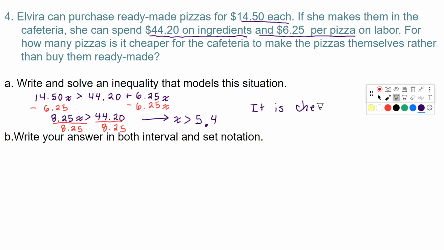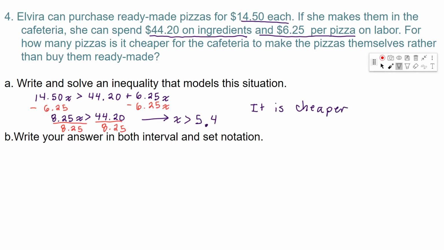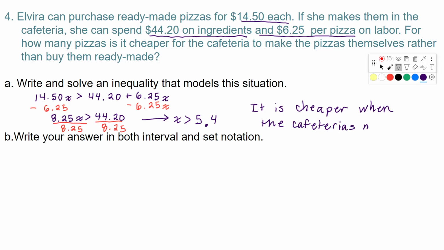This is a case where we want to round up to the nearest whole number from 5.4. Cafeteria makes 6 or more pizzas.